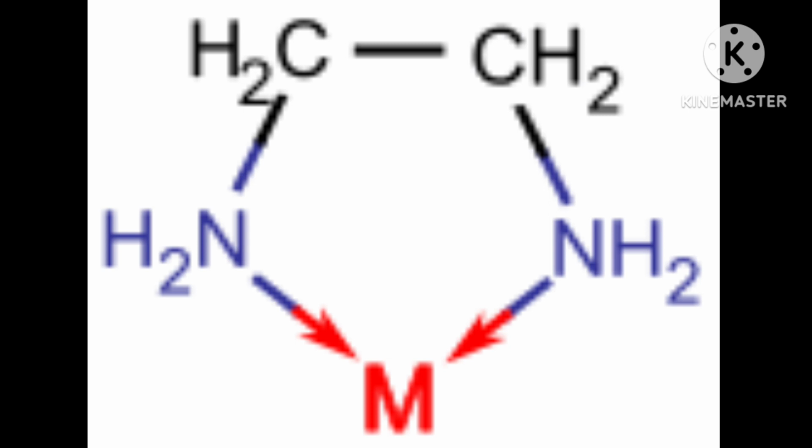For example, the central atom or ion in the coordination entities you have seen: Ni Cl2 H2O whole 4, where two chloride ions and 4 H2O molecules are attached to nickel. Then this nickel is called the central atom.